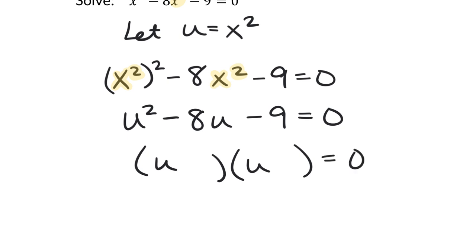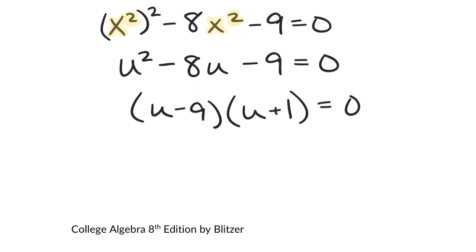This factors to u minus 9 times u plus 1. But remember, we didn't start this equation in terms of u, so we have to put it back in terms of x. This becomes x squared minus 9 times x squared plus 1.